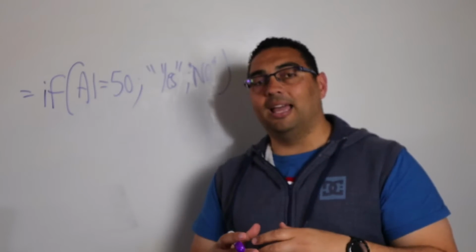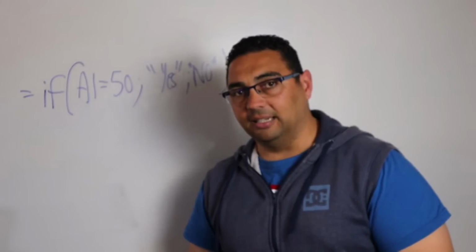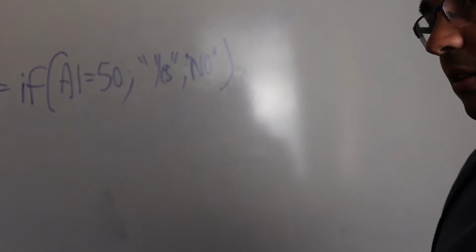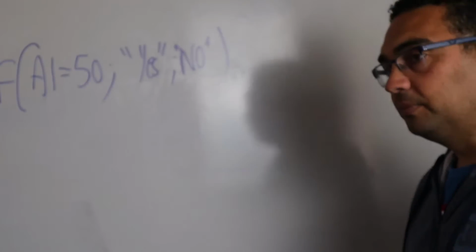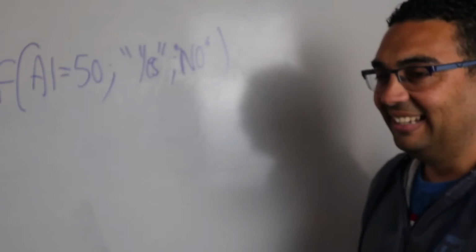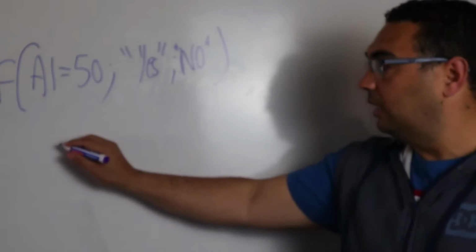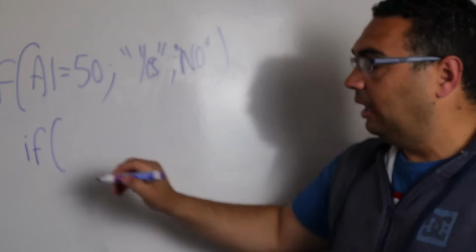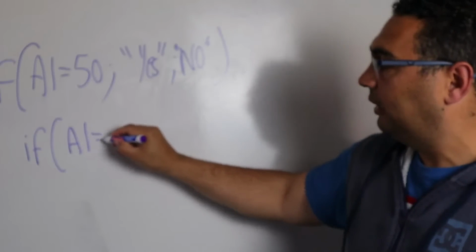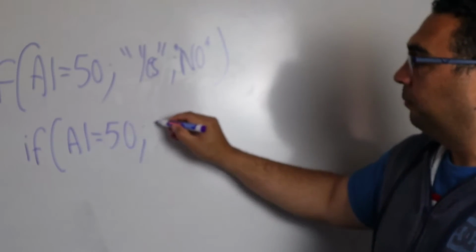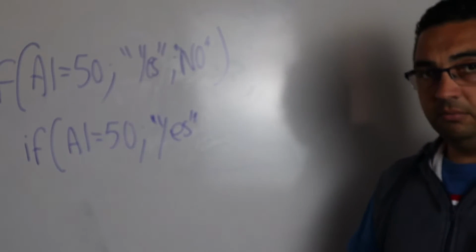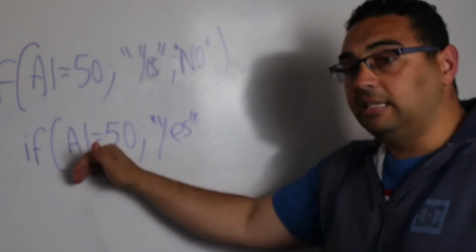Now, this is when you have multiple criteria. So, for example, I want to see if I can maybe just zoom in a bit more. I don't want you to be up close in my face. It's fine. Okay. So here we've got an if statement, and we're saying if A1 is equal to 50, it must display yes. That's our criteria.